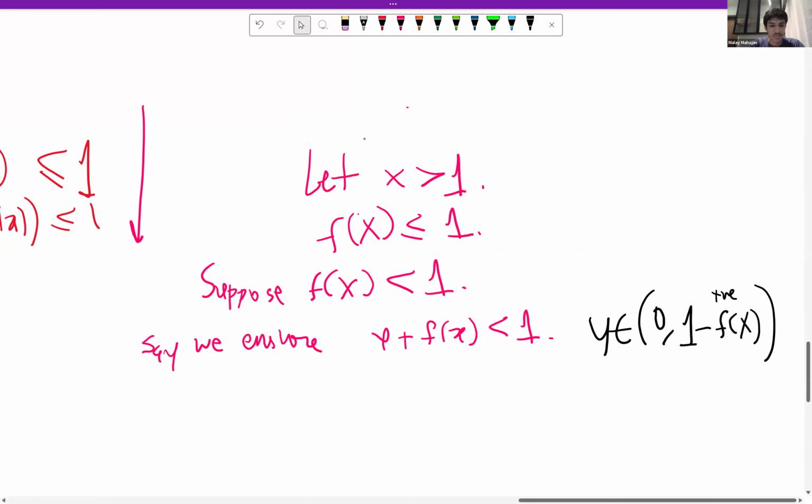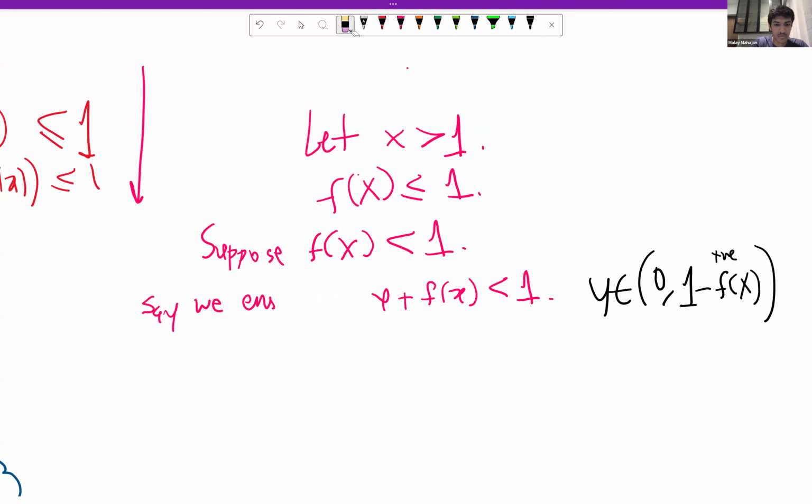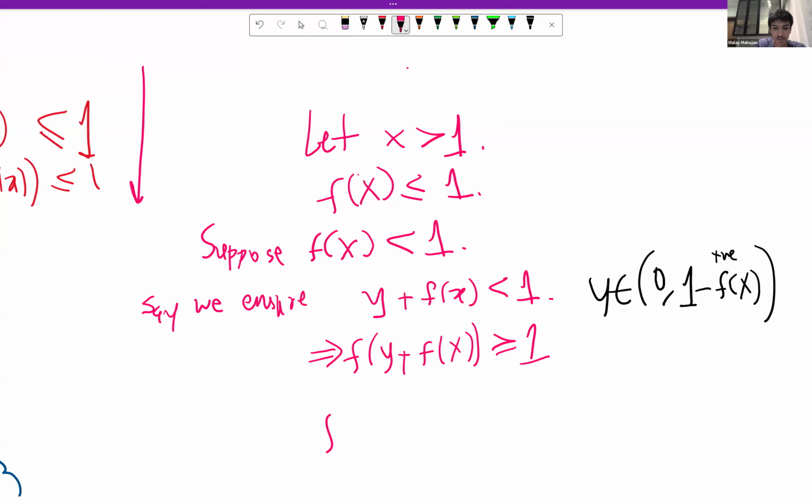Say I ensure y plus f(x) is less than 1, then I know f of y plus f(x) is going to be at max 1. So what do I know? I know that f(x) is going to be at max f of 1 plus xy. Is that clear for everyone?